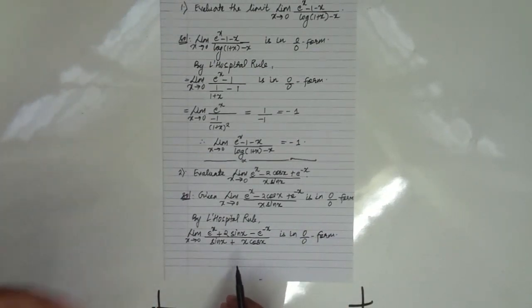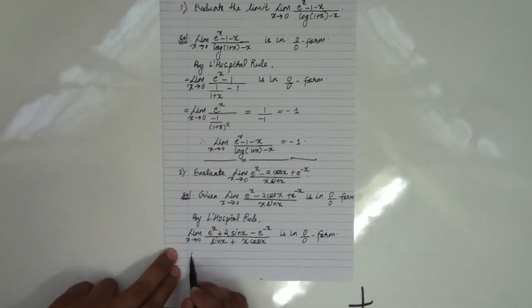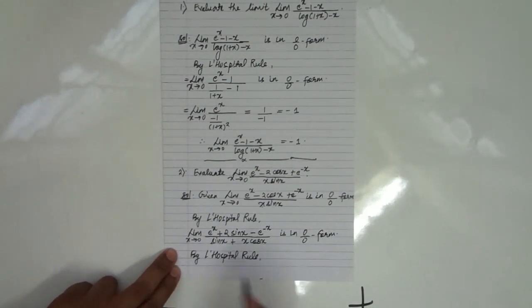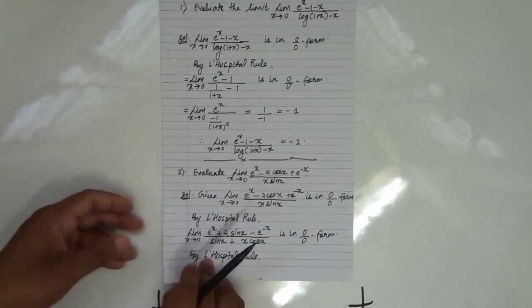So I need to differentiate it one more time. So by L'Hospital rule, I will differentiate this function one more time and the denominator function one more time. So let's do it.